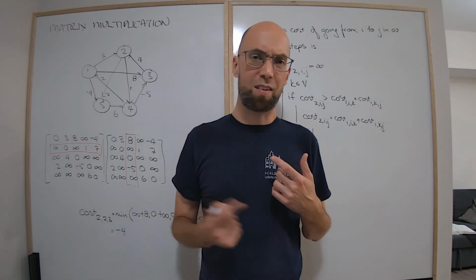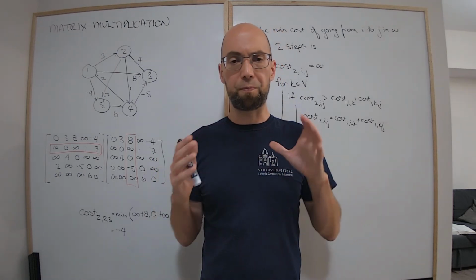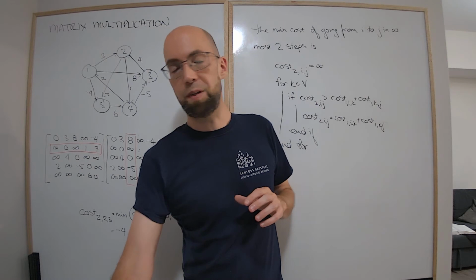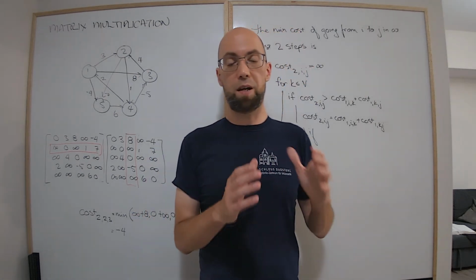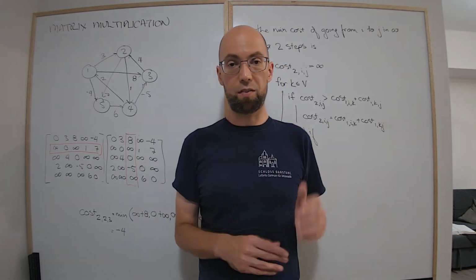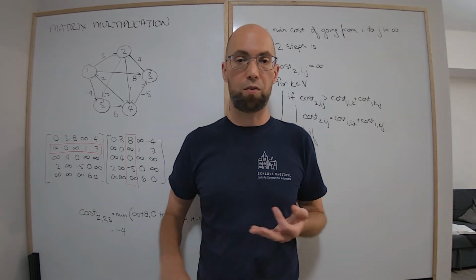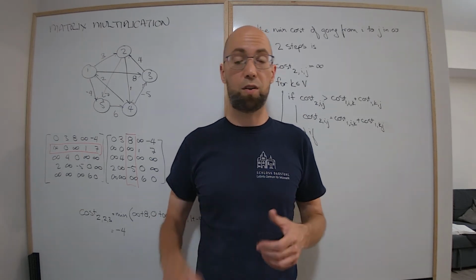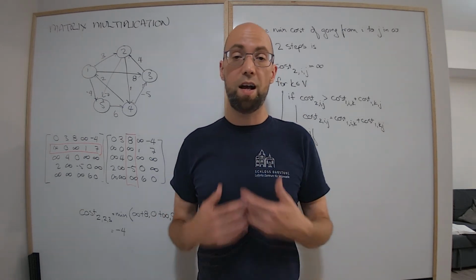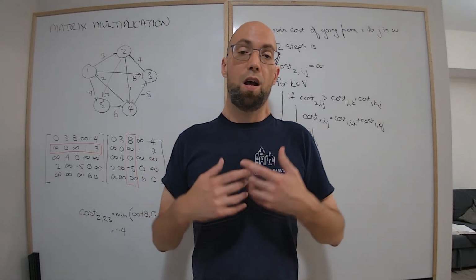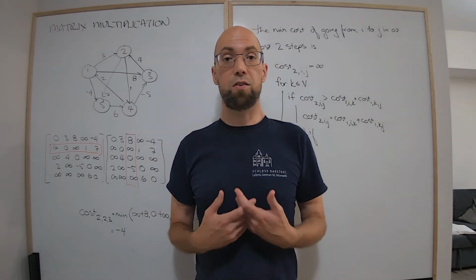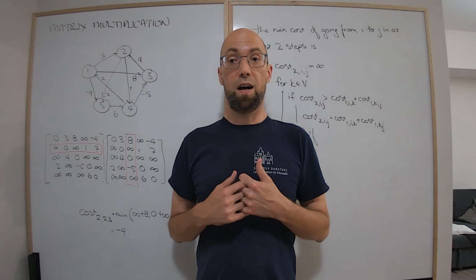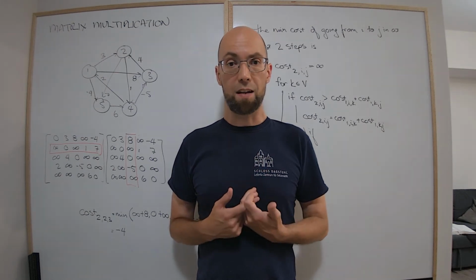So in each step, you're getting the minimum cost of going from any vertex i to any vertex j in at most 1 step, at most 2 steps, at most 4 steps, at most 8 steps, at most 16 steps, etc. How many times do you have to do this? Log n. So you actually get n cubed log n.